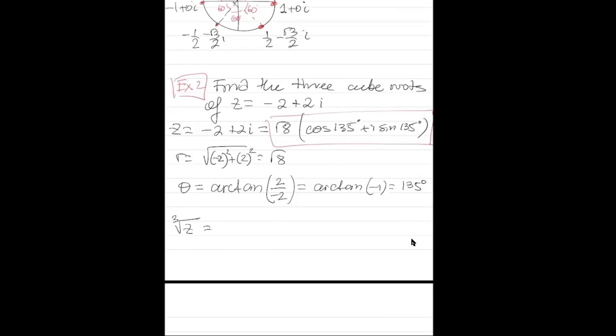So that is cube root of square root of 8, and then cosine of 135 plus, instead of 2 pi, I'm going to use 360 since we're doing degrees, 360k over n, but n was 3, right? Here n equals 3, since we have the cube root, plus i sine of 135 plus 360k over 3.